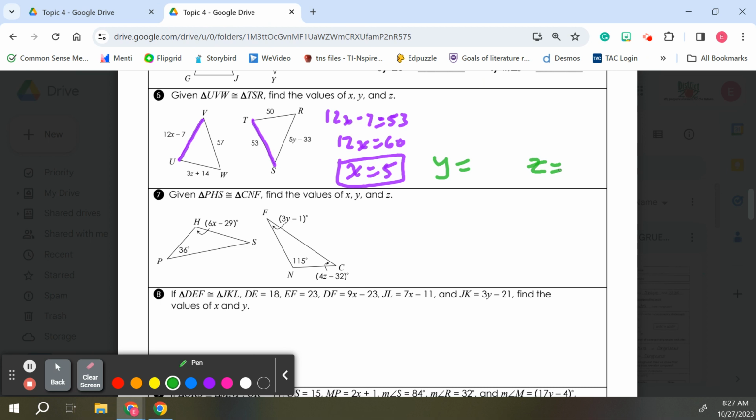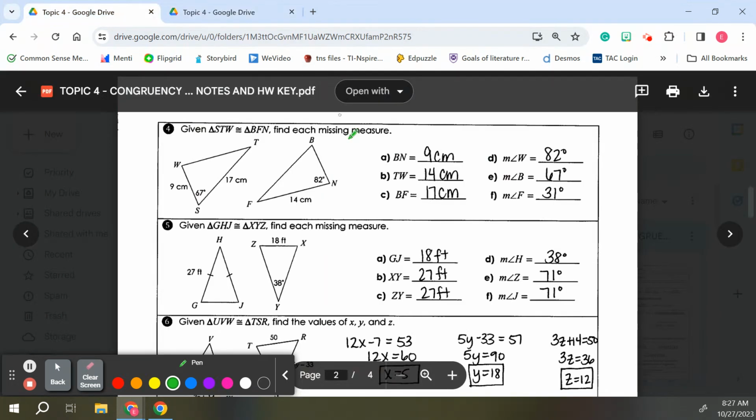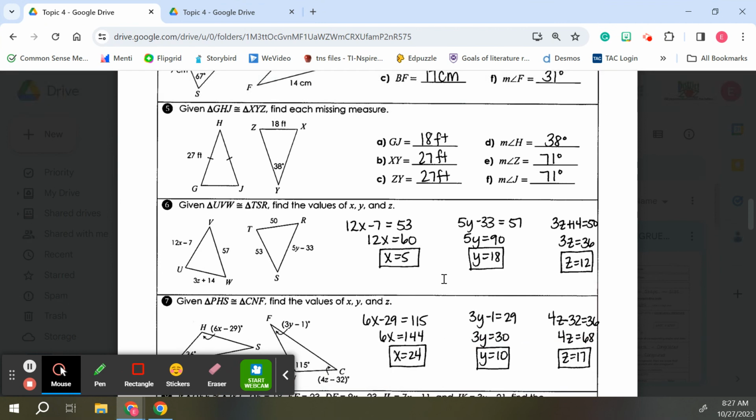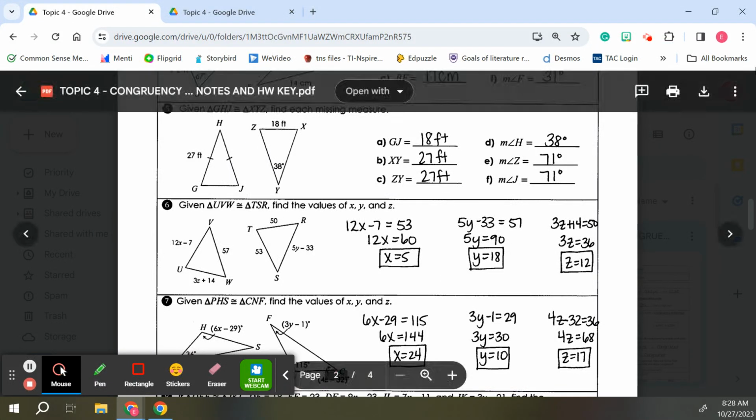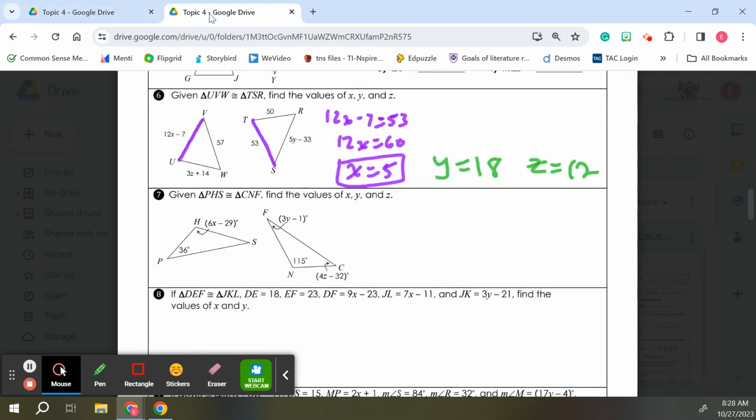Izzy. 18. And what does z equal? 12. Very good. Does anybody need to see the work for these two? Well, you guys need to keep in mind that it's not always going to be this easy, right? So maybe they'll give you a quadratic. So there you go. But this just gives you the setup and the idea more than anything. Okay.